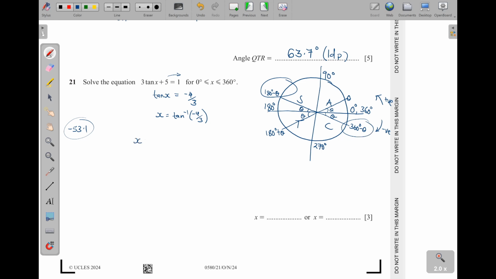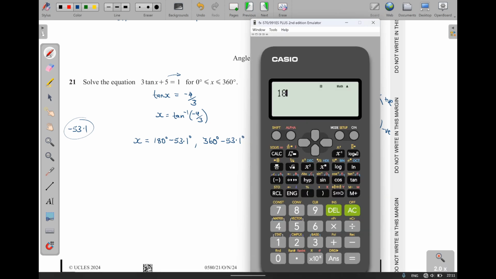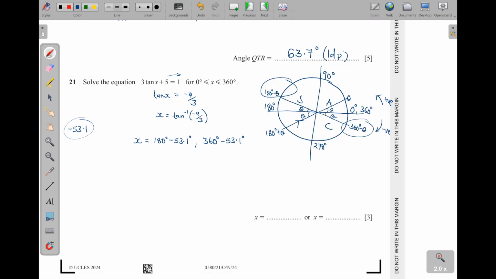So you are going to write your answers here like this: 180 minus the 53.1. The other one is 360 degrees minus the 53.1. That is one decimal place. So 180 minus 53.1 gives us 126.9.